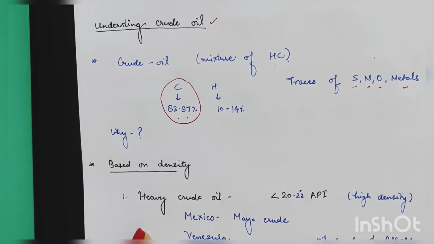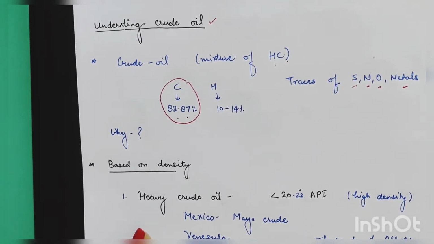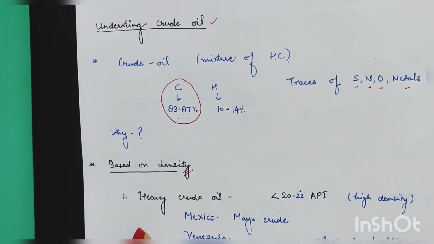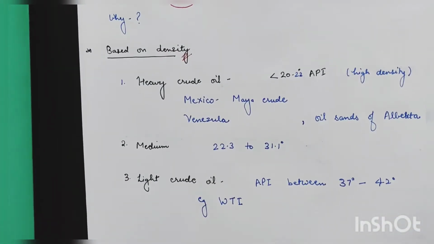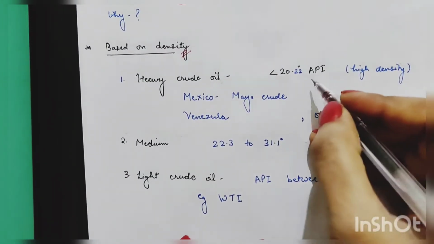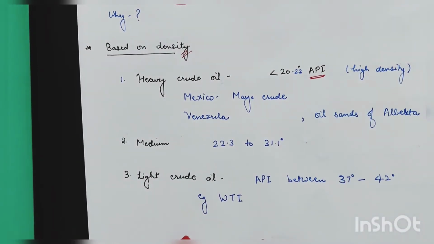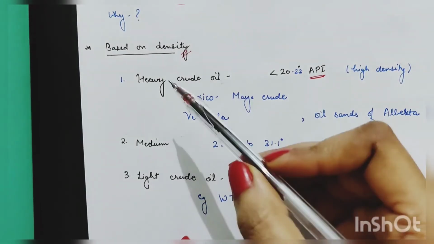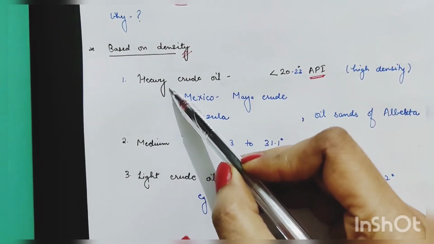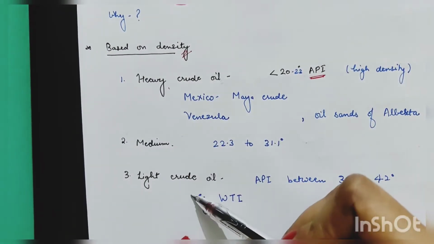Now crude oil is divided on the basis of various parameters. So let us go one by one. Let's start with the classification based on density. Density of crude oil is measured in API terms, and the crude oil is divided into three densities broadly: heavy crude oil, medium crude oil and light crude oil.